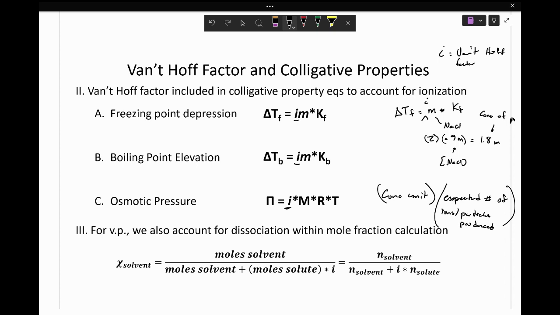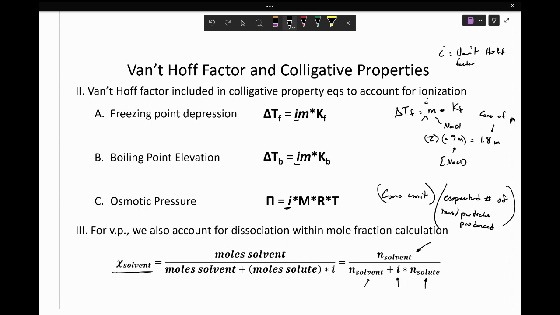For vapor pressure, this looks a little bit more interesting, where when you calculate the mole fraction for anything, let's say we're calculating a mole fraction for solvent, you're going to have, as normal, the number of moles of solvent in the numerator, and then in the denominator you have moles of solvent plus the moles of solute times this Van Hoff factor.